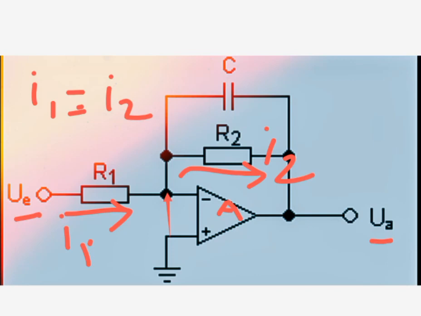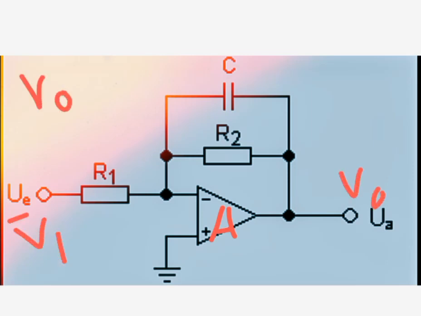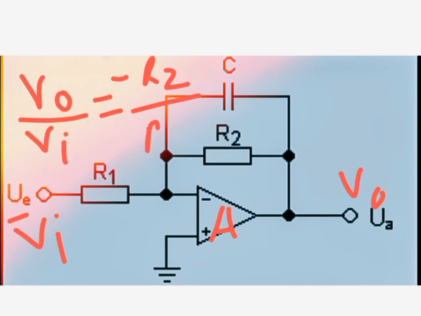So you see that this is an inverting amplifier. Right here it's the open loop gain, and your closed loop gain, with R1 and R2 in the circuit, is VO over VI, which is minus R2 divided by R1.